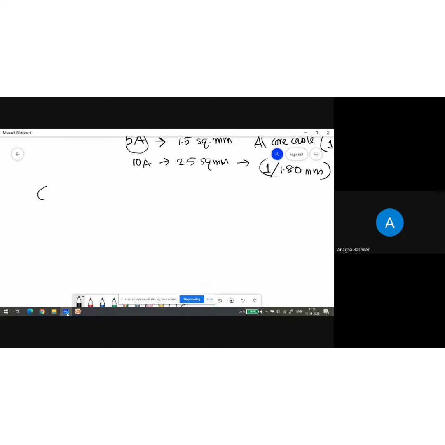So next step is current in the power subcircuit is equal to total load is 2000 divided by 240 volts, which is equal to 8.33 amperes. Right?